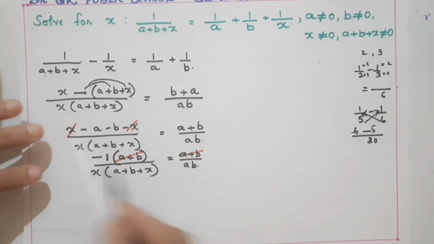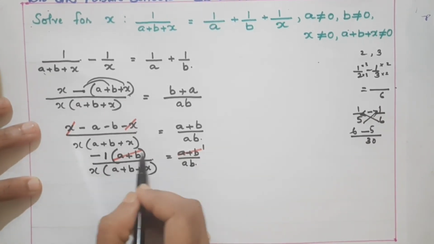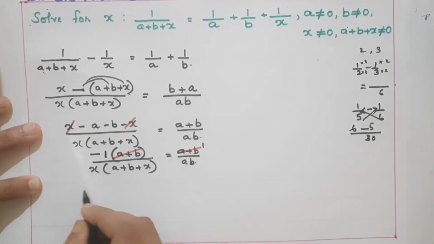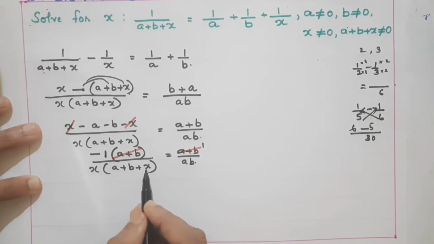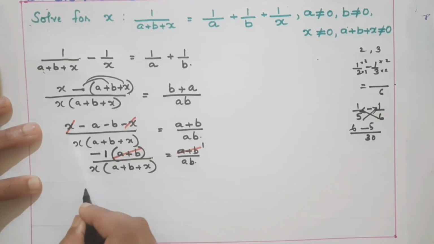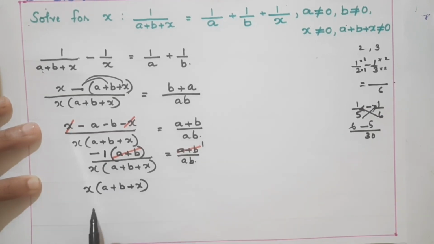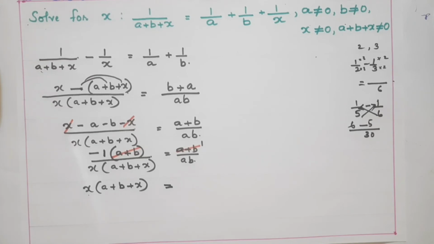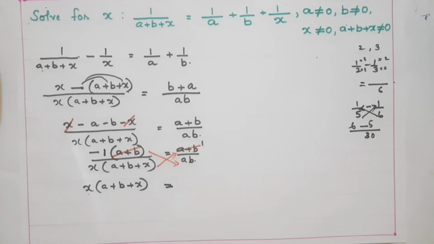Now do the simplification. Here we have remaining is 1. Okay, here minus 1. Now do the cross multiplication. Here we have x into a plus b plus x into 1, so x into a plus b plus x equal to, here when we multiply, minus 1 into ab, what is it?